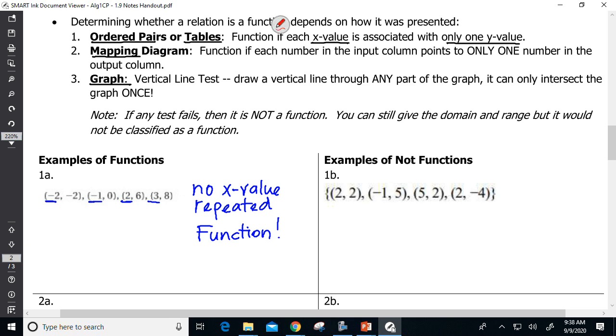So let's look at 1b. 2, -1, 5, and 2. So, which of the x values repeated? Something repeated itself. 2 repeated itself. 2 repeated, so that means this is a fail. It is not a function.